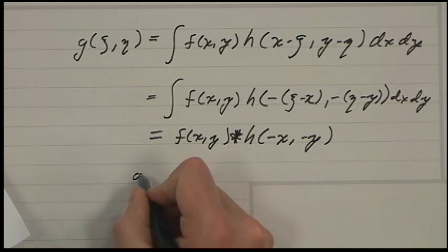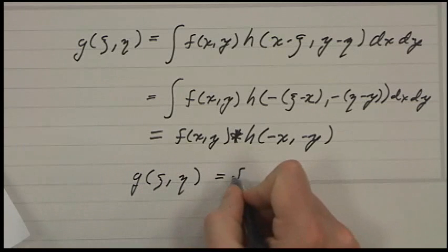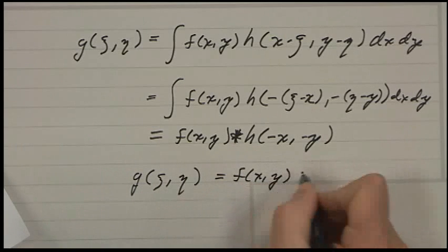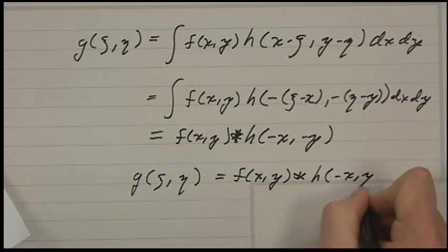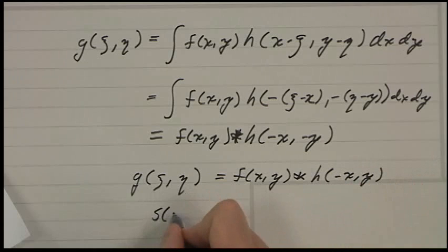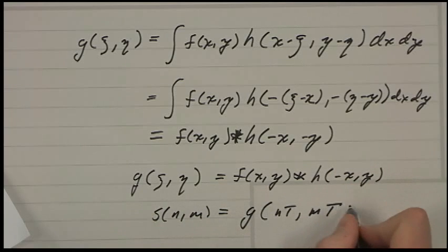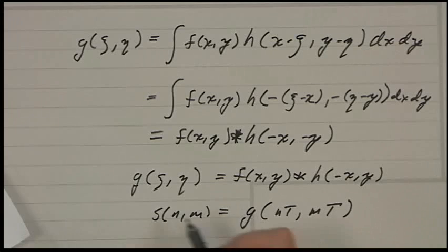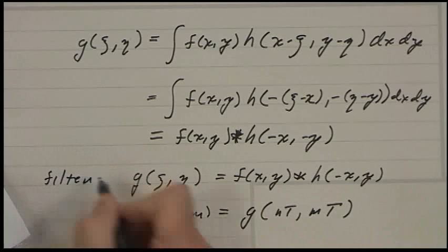Basically we have two equations. G of xi eta is equal to f of x y convolved with the space reverse of h of x y, and then s of n m is equal to g of n t, m t. So this is sampling. This is filter and sample.